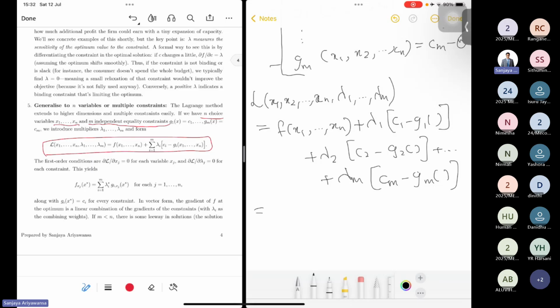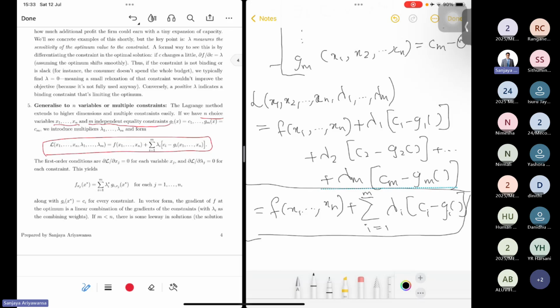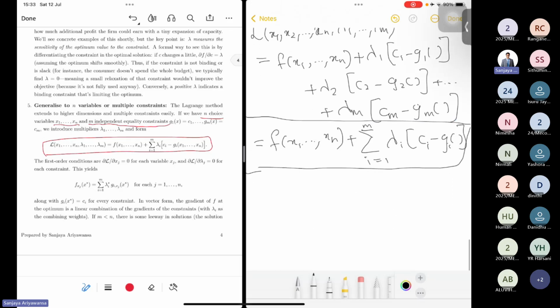Without writing all these plus signs, I have written it down using the summation notation, sigma lambda i times c i minus g i, where rather than saying 1, 2, 3, I put in i, where i goes from 1 to m. And that's what I have written here. So that's the more generalized Lagrangian equation.